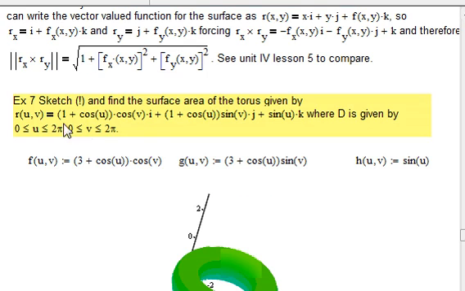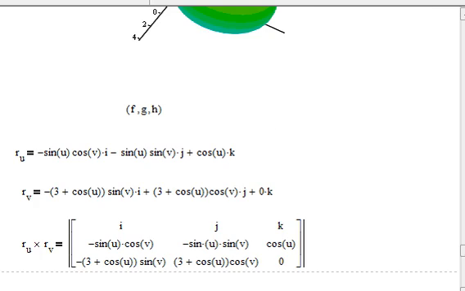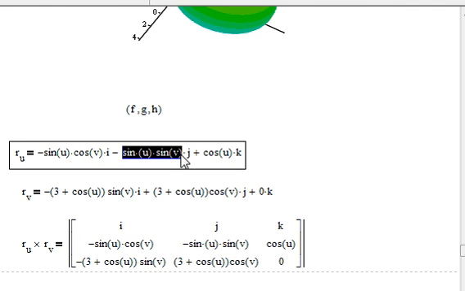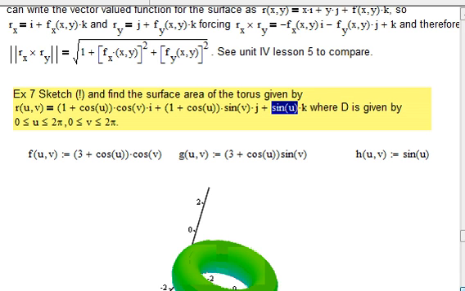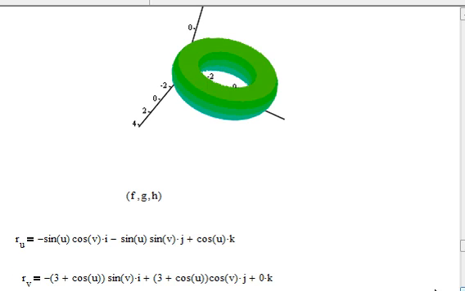All I did was the partial with respect to u of the i part. Now let's do the partial with respect to u of the j part. Same thing. Negative sine of u times sine of v this time. Okay, and let's go back and get the partial of this with respect to u. The derivative of sine is cosine, so we got cosine of u.